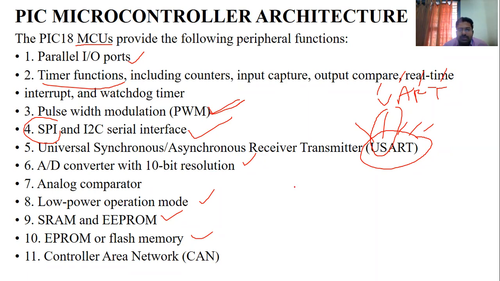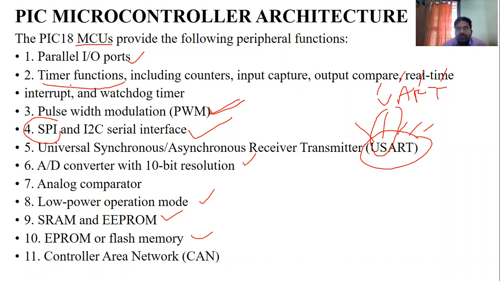The only difference between the two is that we are using more parallel ports here. In the 8051 microcontroller, we are using only 4 parallel ports, but here we are using more than 4. Remember, more than 4 parallel ports.